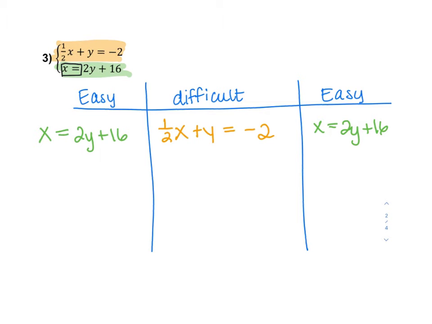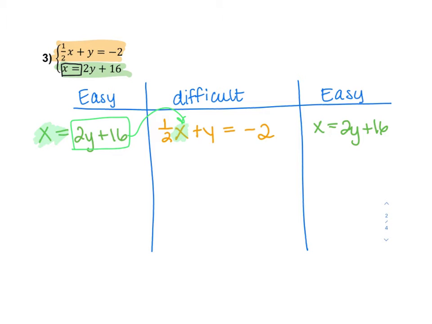So the process to solve by substitution is take your easy and substitute it into your difficult. Now, since our easy one says x equals, that means in our difficult we're going to put whatever in for the x value. So in this case, we're going to put 2y plus 16 in place of the x in our difficult equation.